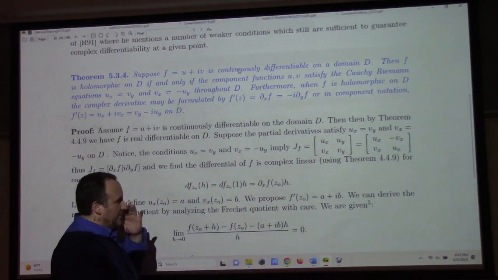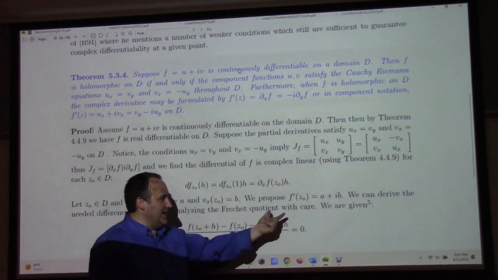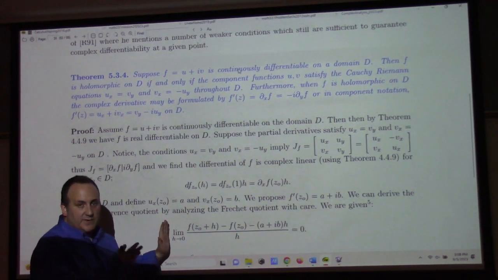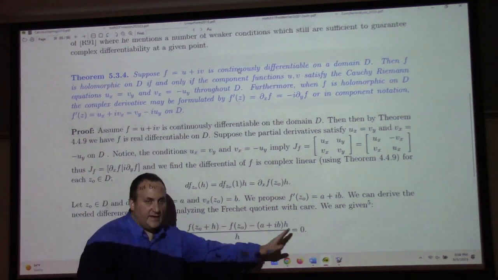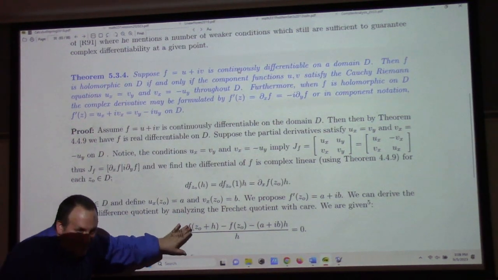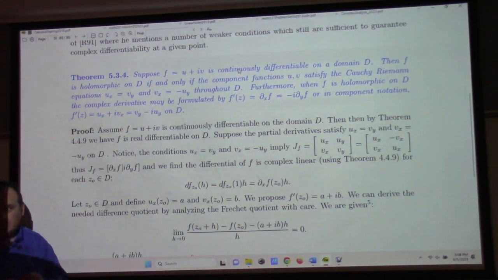By the theorem I proved last time in the real differentiability, we have the limit of the Fréchet quotient is 0, right? But the arguments I'm about to give show that you can take this and convert it to the regular difference quotient.